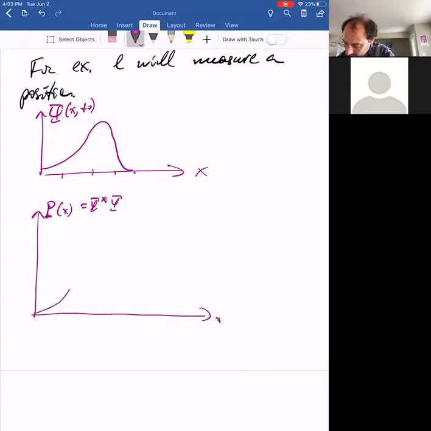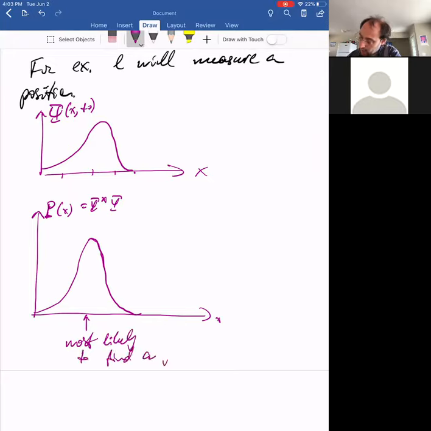And it will also look like some kind of a peaky thing, right? So something like that, right? So this is where I'm most likely to find a particle, for example, a harmonic oscillator, mass on a spring. Here, less likely in the wings.